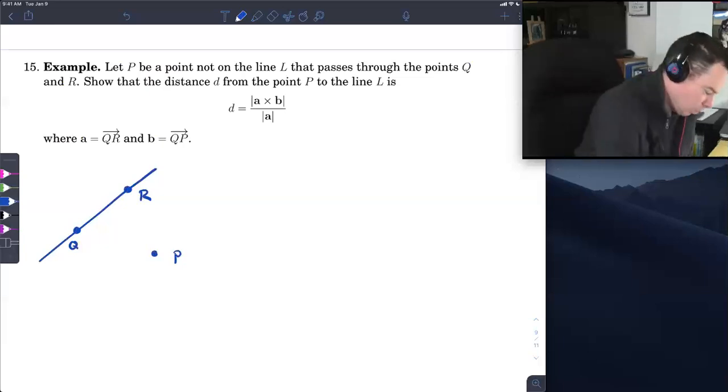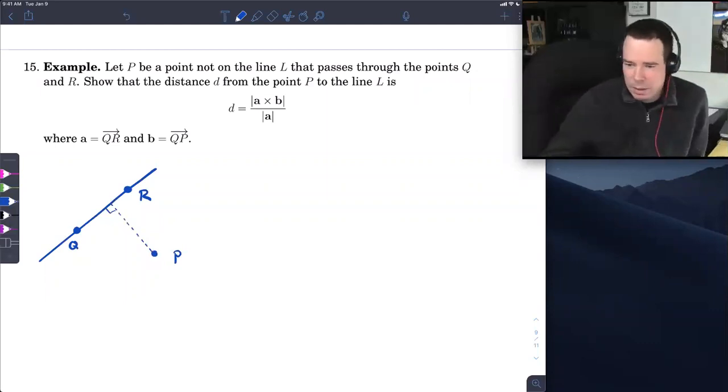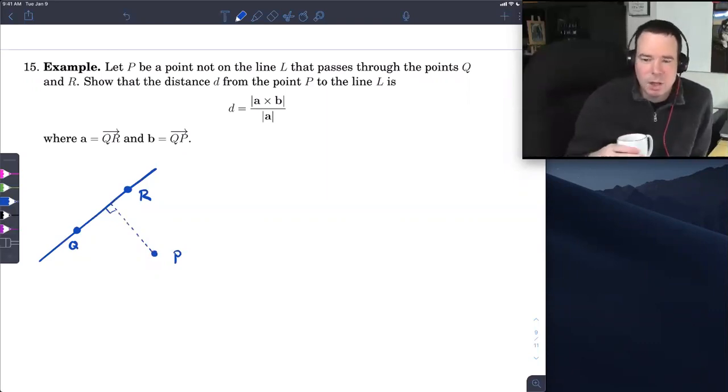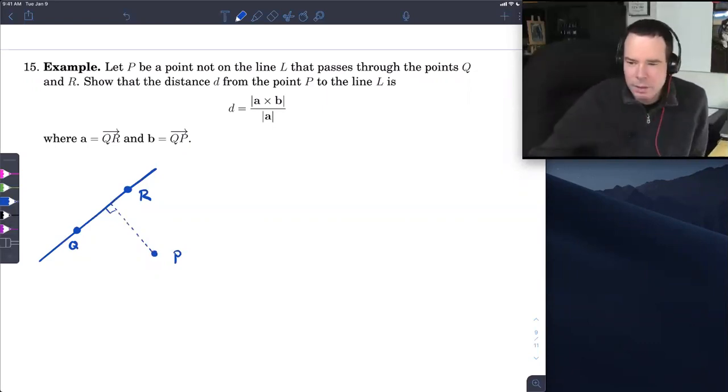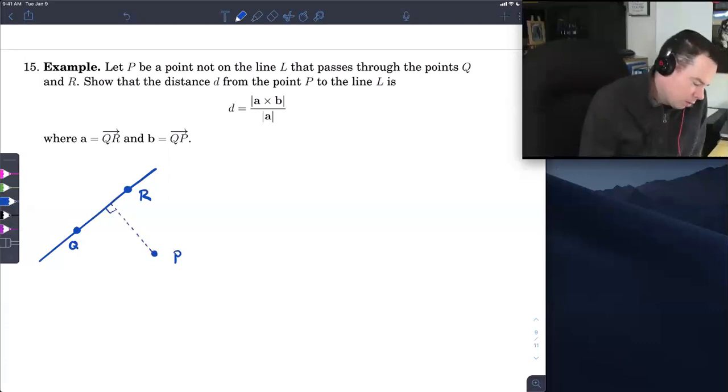The distance is measured by taking a line perpendicular to the line itself that passes through the point P, and that would be the distance that P is to the line. In other words, it's the closest distance you would have to travel to get on the line. We'd like to know how to compute that, and that's what the formula given in the question is. So let's see how we would actually compute that.